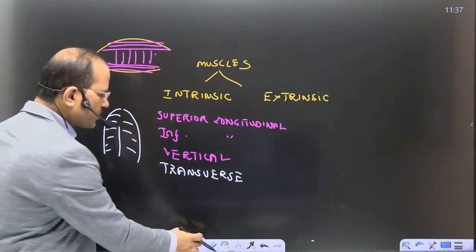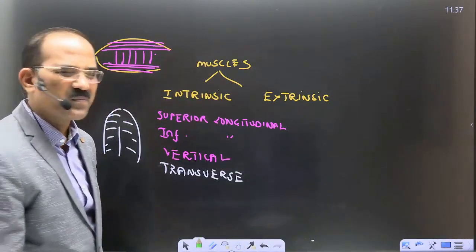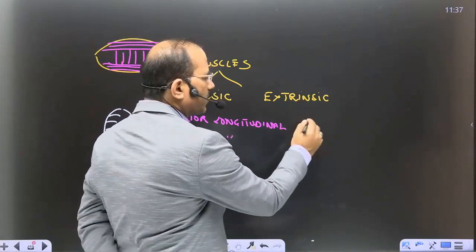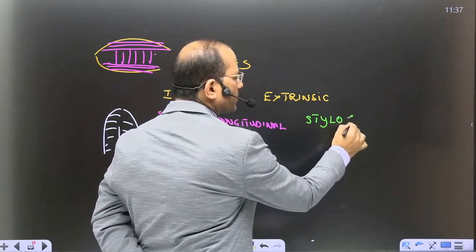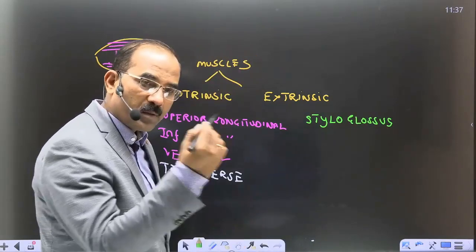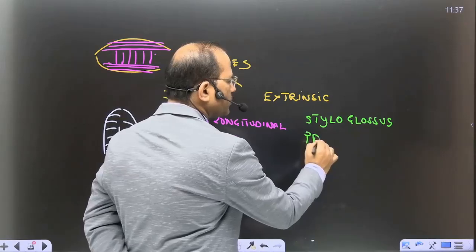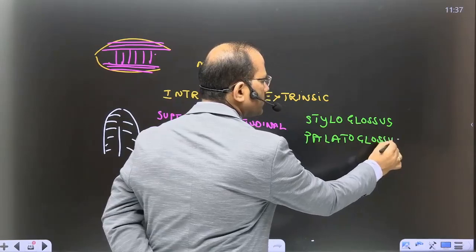What about the extrinsic muscles? Extrinsic muscles, yes, they do come from outside the tongue, right? So one is coming from the styloid process to the tongue, styloglossus. One comes from the palate, palatoglossus.